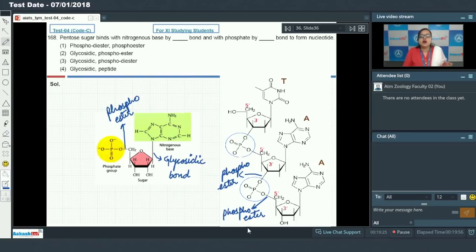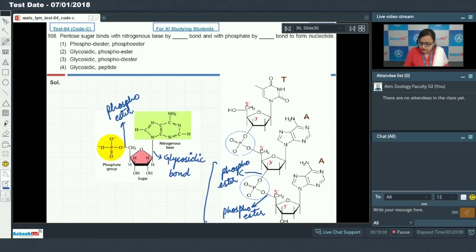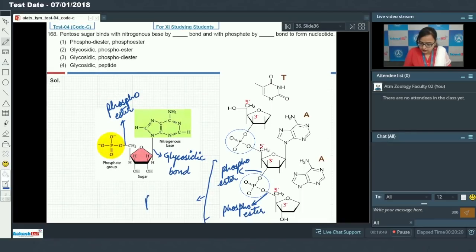Since there is formation of two phosphoester bonds, that's why the bond between two nucleotides is also known as phosphodiester bond. So we call this linkage phosphodiester bond.